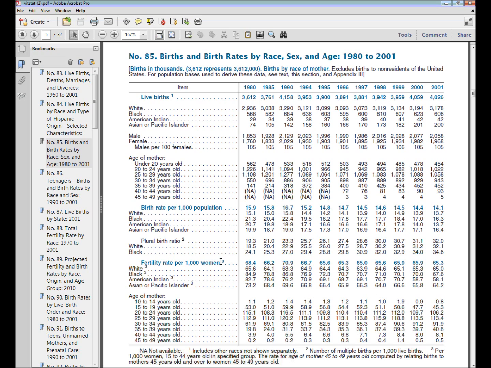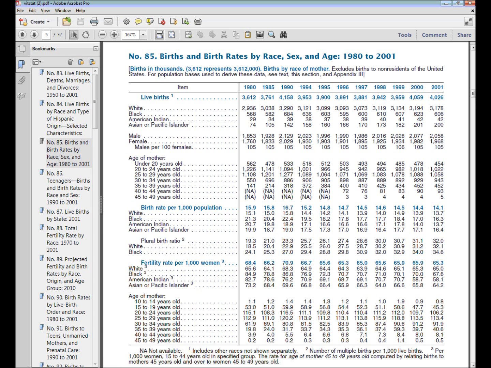Moving down to the fertility rate, there's another footnote, and it's per 1,000 women. So here we're looking at an entire population. Here we're looking at 1,000 live births, and here we're looking at 1,000 women when we're looking at a rate. So if you need to, go back and reread the information about rates.